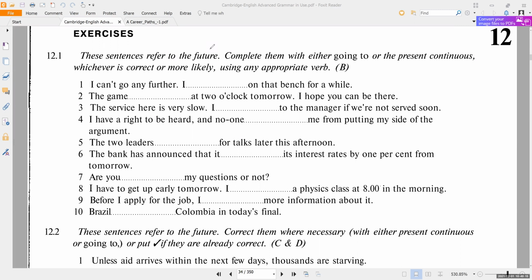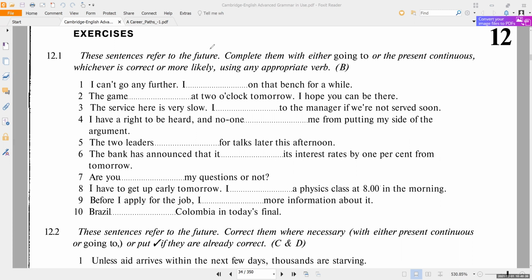Okay. راح نجي yes, complete them with either going to or present continuous, whichever is correct or more likely using any appropriate verb. إذا حنستخدم present continuous ولا going to للدلالة على الفيوتشر مع استخدام أي فعل مناسب صحيح.